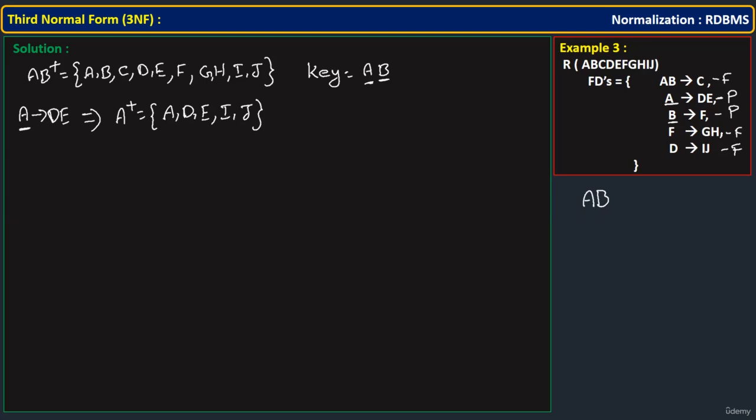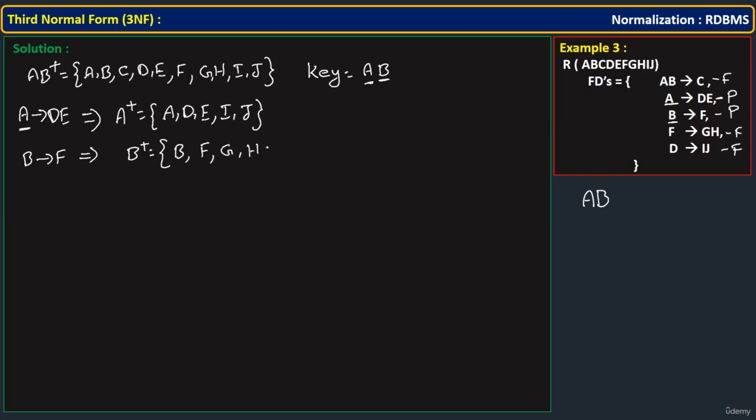And next, another partial dependency, let us take B derives F. So if you take the B closure, B and B derives F, F derives GH.